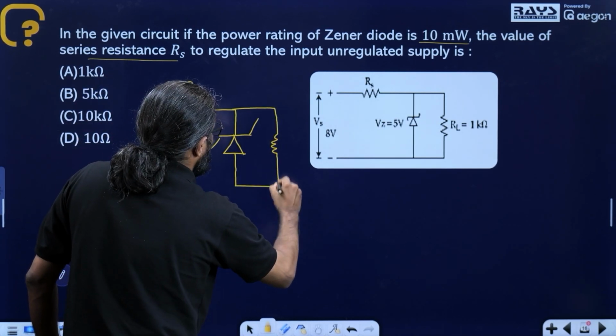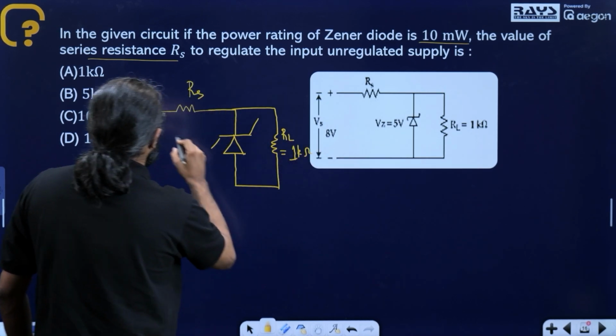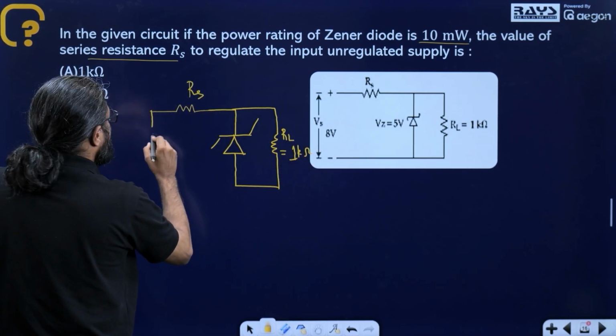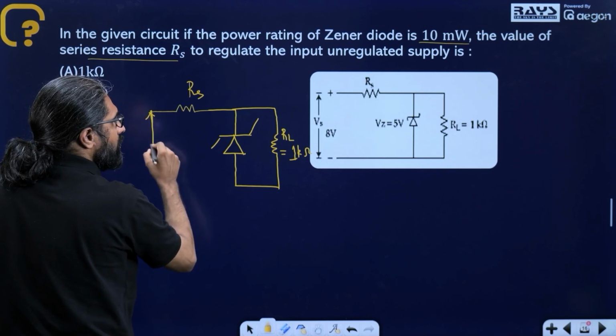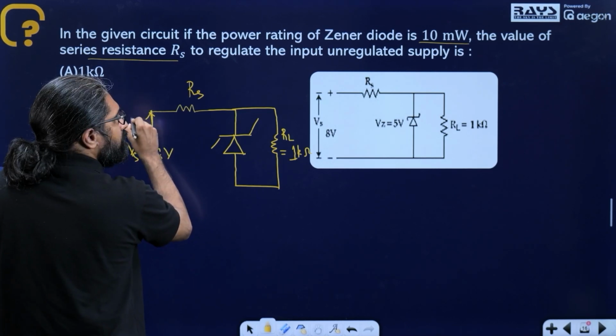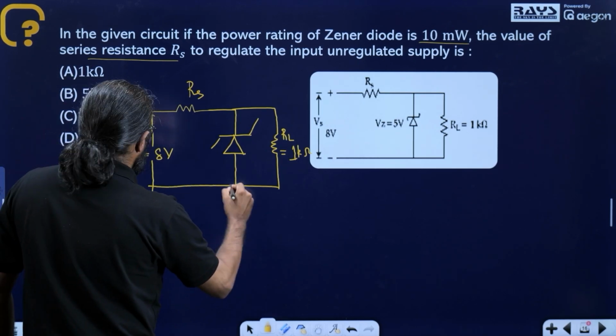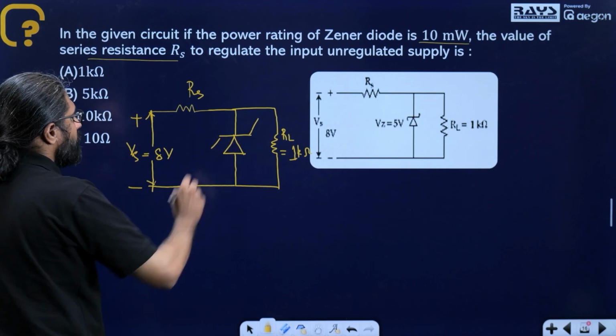This is RL here, and RL is equal to 1 kilo ohm, and the potential difference of the source, Vs, is 8 volts, positive terminal here and negative terminal here. That is why we say that this is in reverse bias.